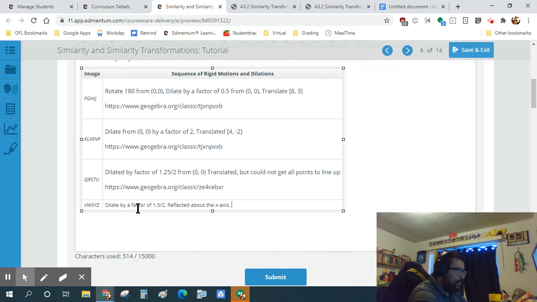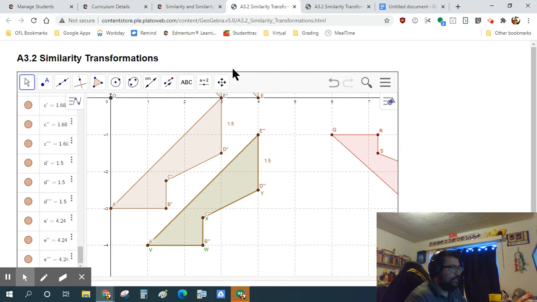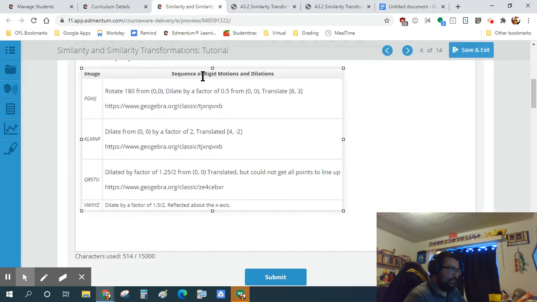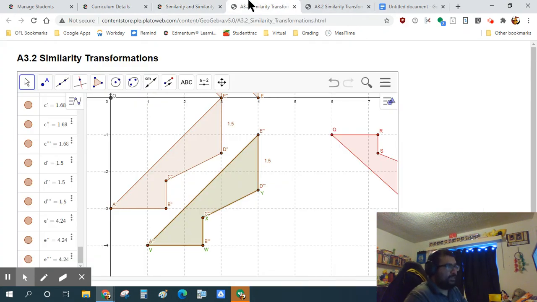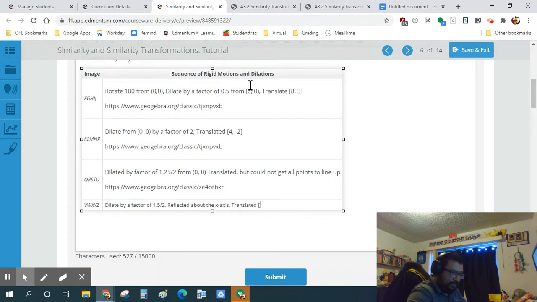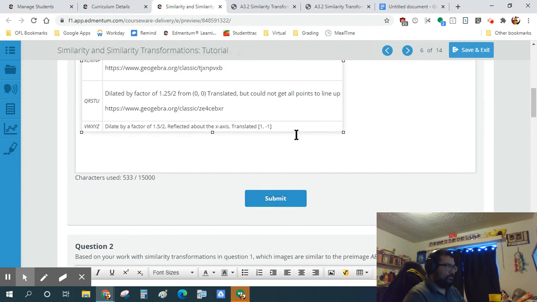And then from here, I reflected, so now I need to translate. So I translated, I went right one, down one. And that maps them all out.